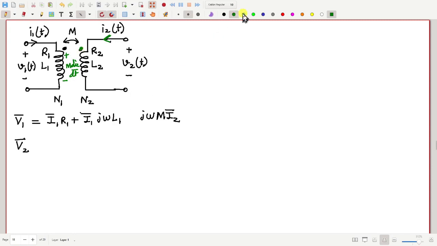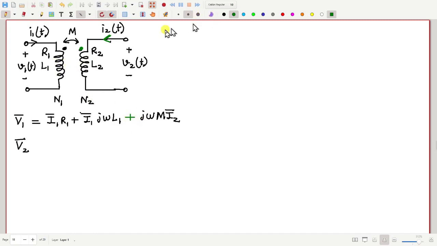So that's why here we should have plus. Now you can understand that if I change the direction of I2 or the position of the dot, then this plus can become a minus. But for this particular circuit, this is plus.